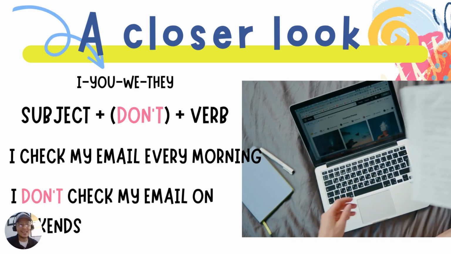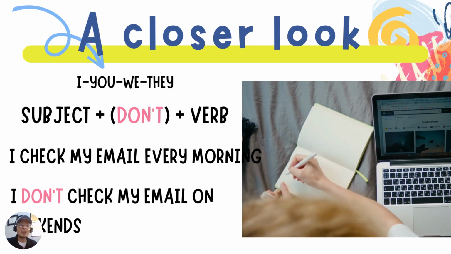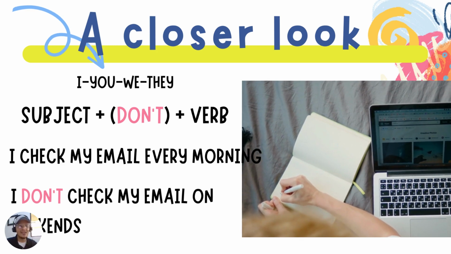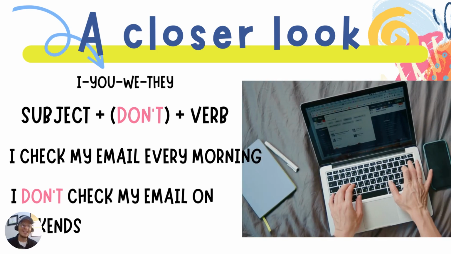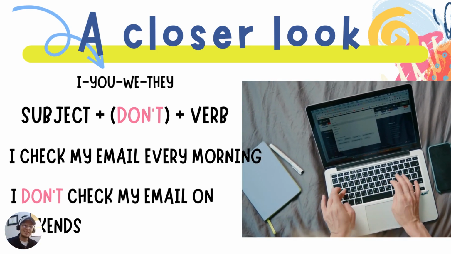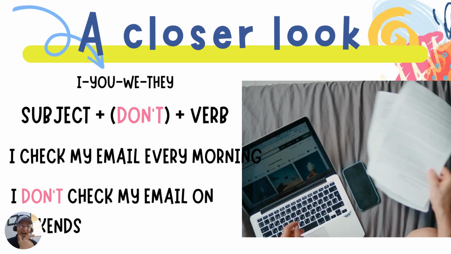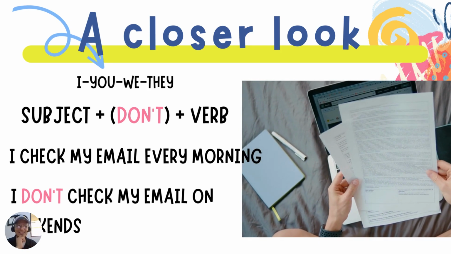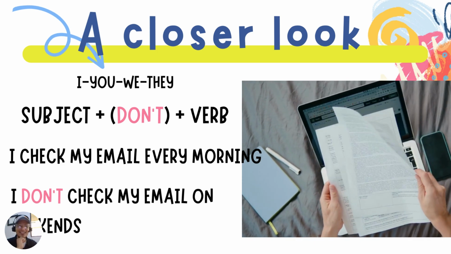And as you can see in this presentation, you have in here the subjects. I, you, we, and they. So you can follow this structure using any of the subjects, but I don't know if you have noticed what subjects are not here.